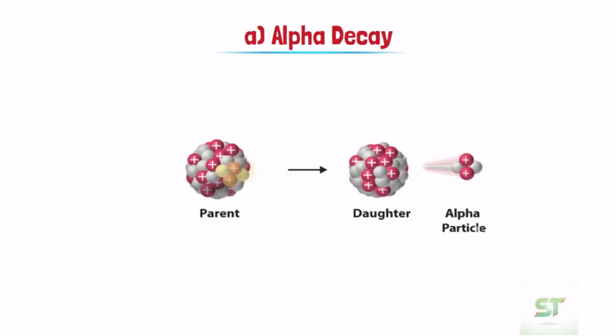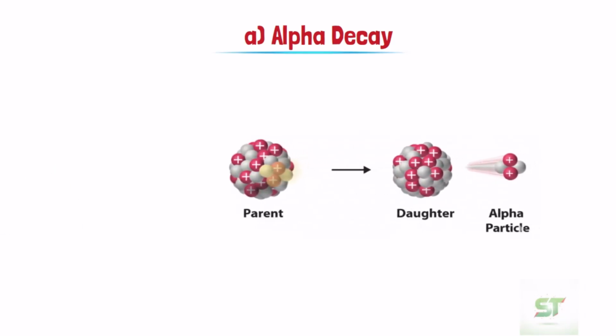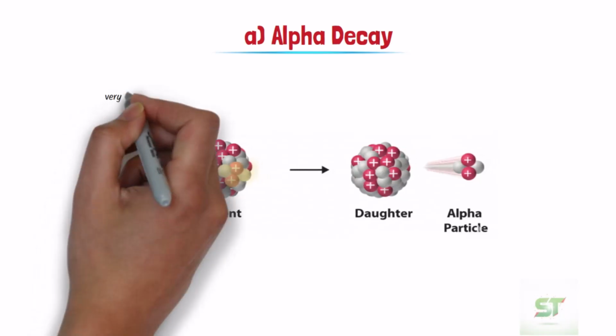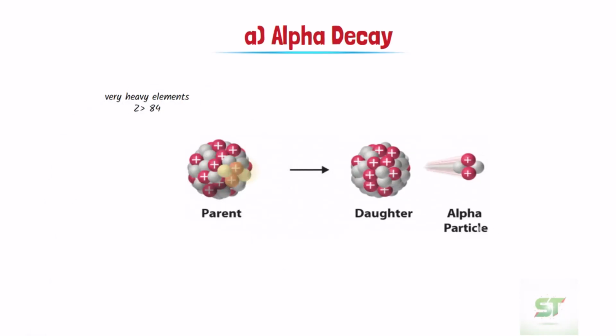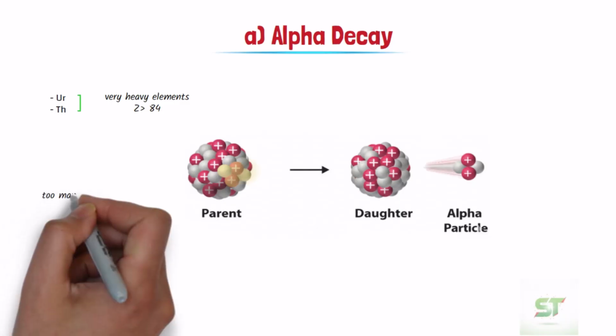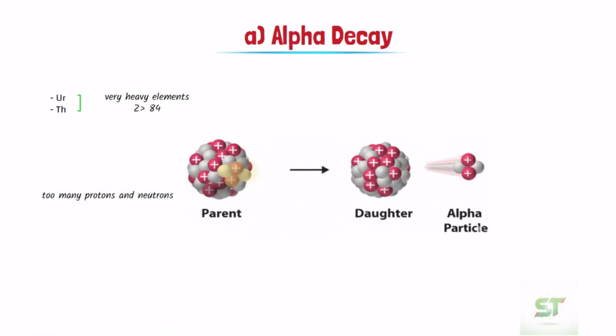Alpha decay happens in very heavy elements, those with atomic numbers greater than 84, such as uranium or thorium. These nuclei have too many protons and neutrons, which makes them unstable.